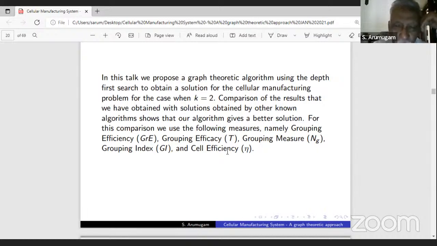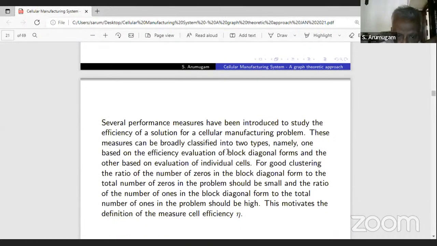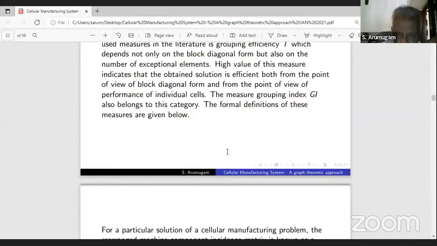See, given a solution to the cellular manufacturing problem, how good the solution is from the application perspective. So for that, they developed certain measures which give you an idea of how good the solution is. For example, I'll give 1 or 2 examples.